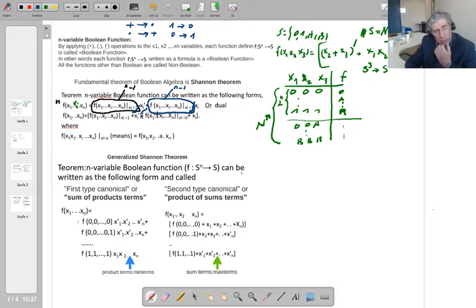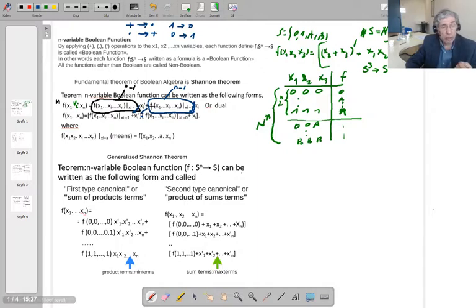What we can think of next is this. Can we apply the same theorem to this coefficient function now? We said the coefficient function is an n minus 1 variable Boolean function. So this theorem says all Boolean functions can be written, by taking one of the variables out, in this form.